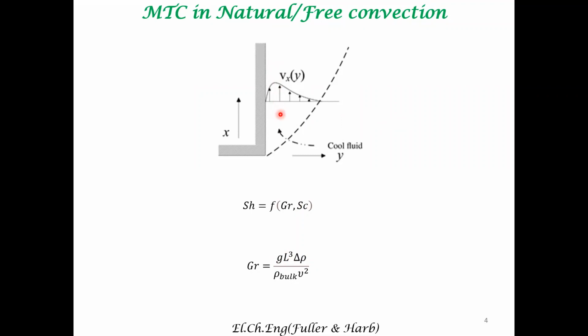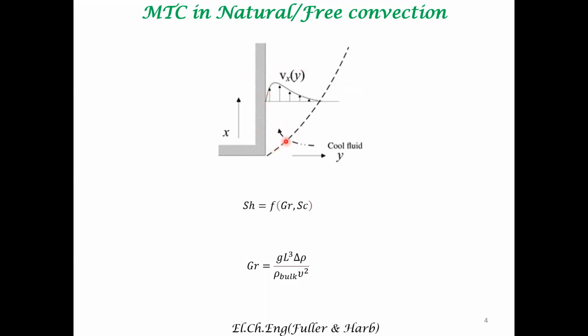So what was the analogy with heat transfer? In heat transfer, you have a surface that is at, let's say, higher temperature. So liquid near the electrode surface is warmer than the liquid away from the metal surface, because of which there are circulation patterns.